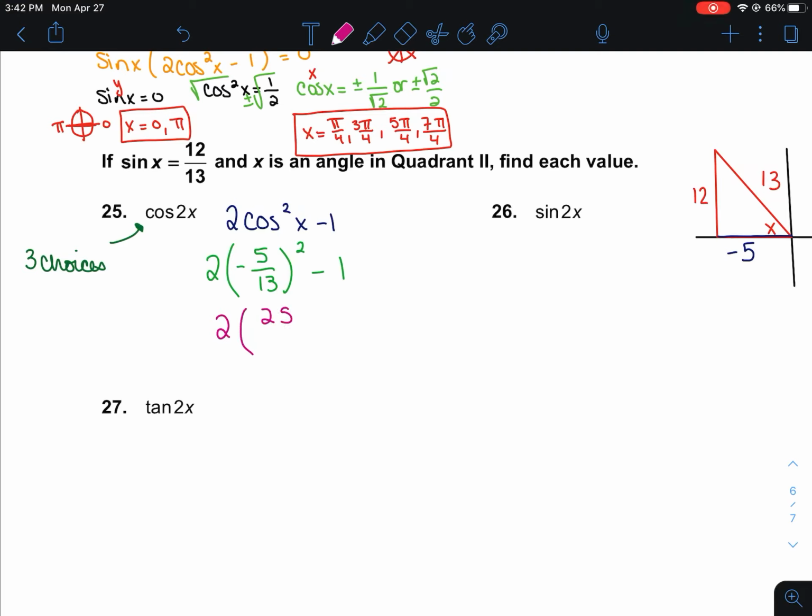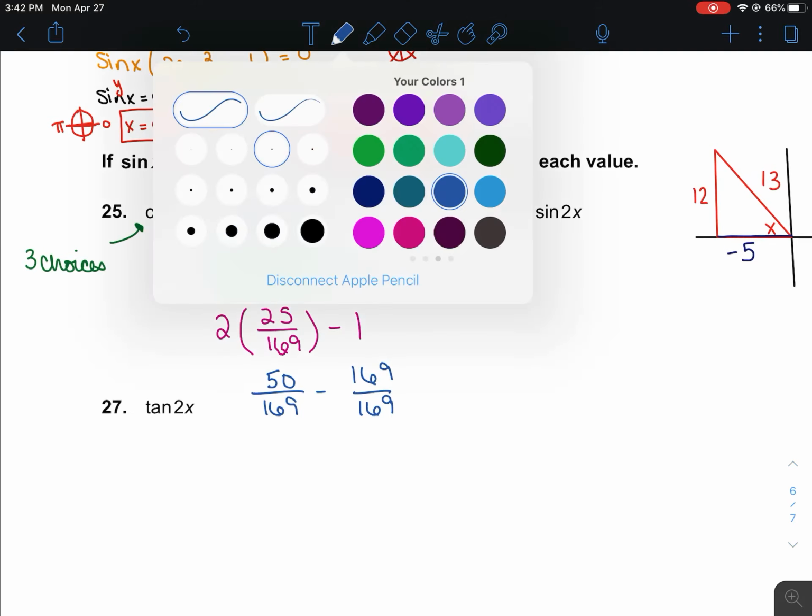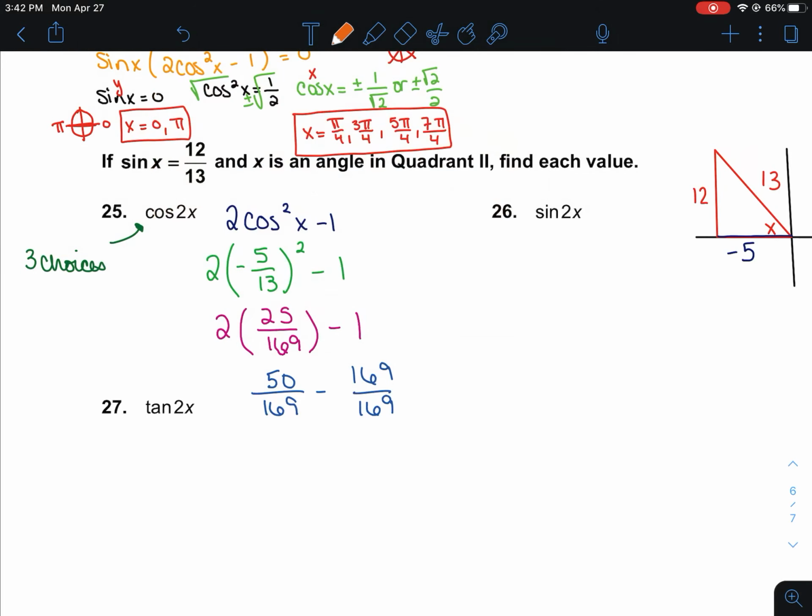If I square that, I get 25 over 169. And then multiply, I get 50. And I'm going to change this to 169 over 169. And that ends up giving me a negative 119 over 169.